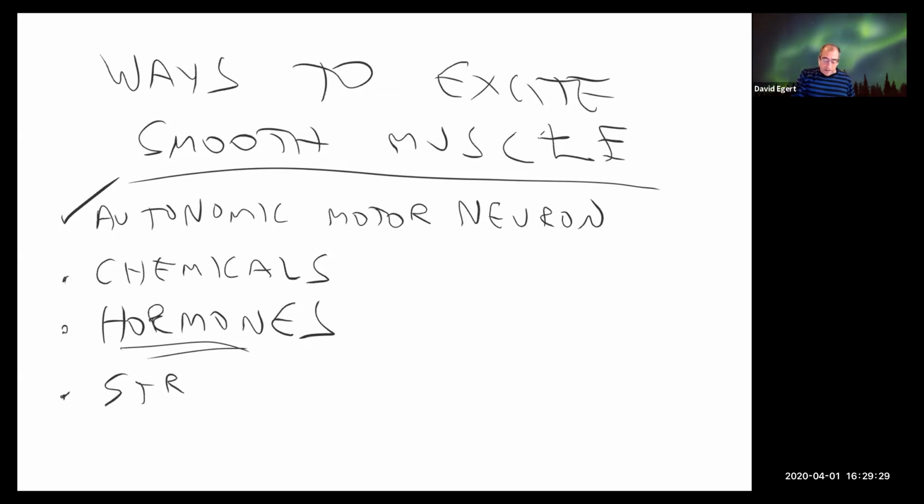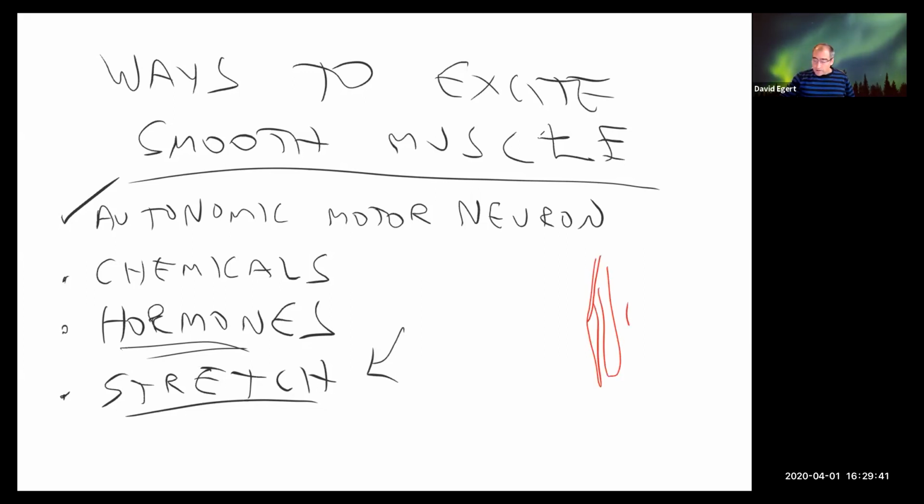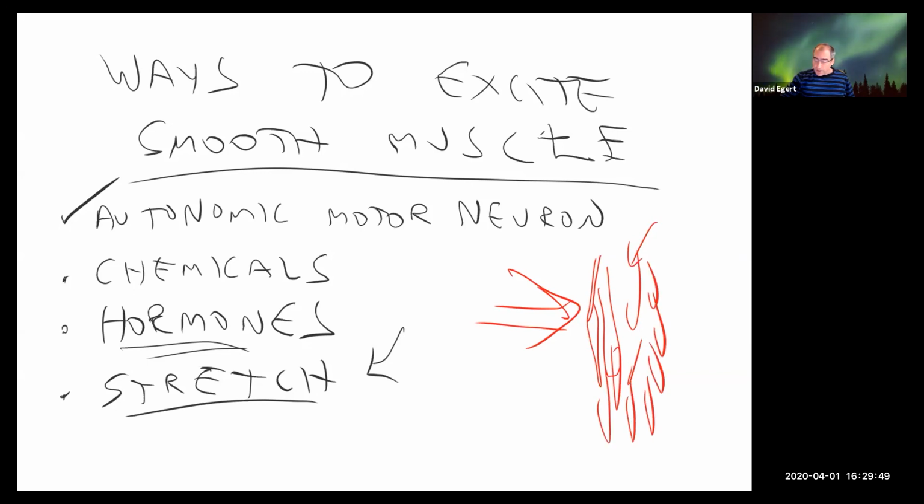Stretch. This is actually going to be important when we look at autoregulation of blood flow when we get to the cardiovascular system. By stretch, I mean if you have some smooth muscle, let's say this is a wall made out of smooth muscle, and I push on it and stretch it out, it's going to respond by pushing back at me.